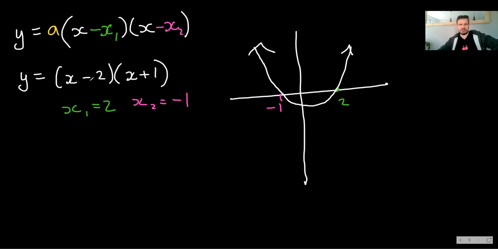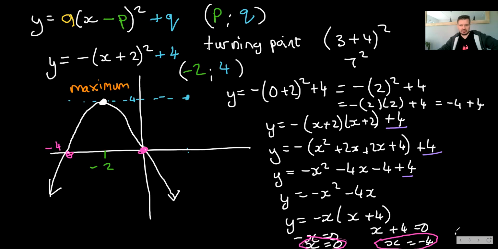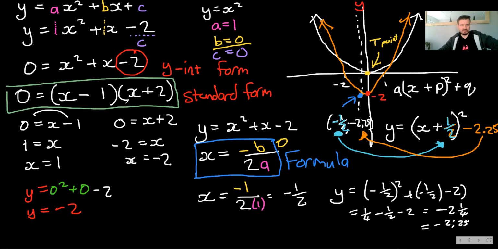If you get given this, you have to times it out to get it back into this format here that we started with. So it depends what format they give it to you in, what work you have to do.